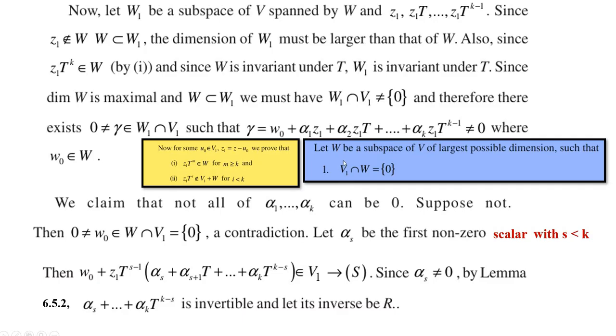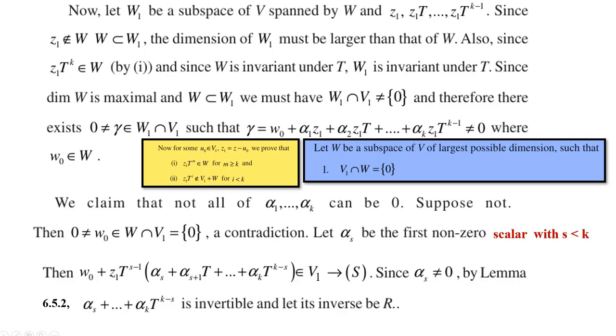And this explanation is because of this. All this we have mentioned already, and therefore we can find one element, say gamma, which is different from 0, which is in the intersection. Now this gamma I can write as W naught plus alpha 1 Z1 plus and so on, because gamma is in W1, and W1 is spanned by elements of capital W and these vectors.